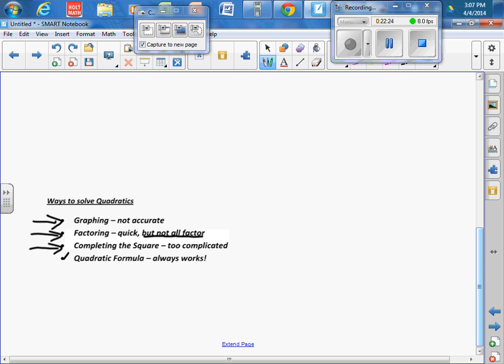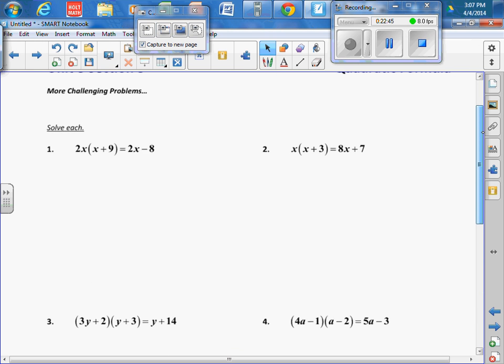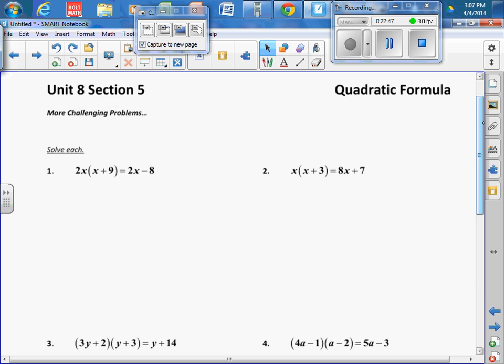Here's the thing though. The quadratic formula always works every single time. So if you're ever stuck and something happens on the graphing and you're not able to factor, then go ahead and use the quadratic formula. It will always work. So go ahead and pause the video. See if you can try these 4 problems up here on your own. If not, come back in a few minutes and I'll have the answers for you.